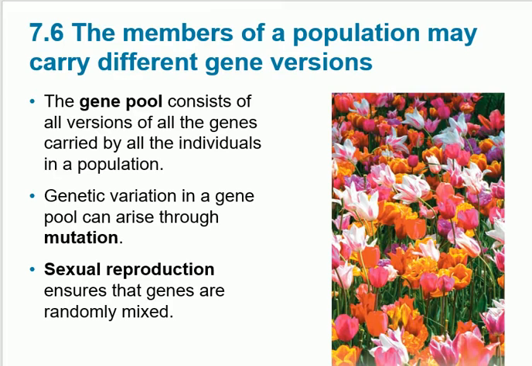And even that gene pool can change due to mutation. So there can be some gene variation that goes with time. So I have this gene pool that I collected. Even this gene pool can be changed or can have more varieties or variations due to mutation. Add to that, if this population is reproducing sexually, that will add even more.